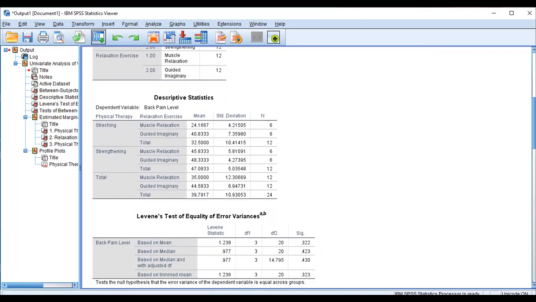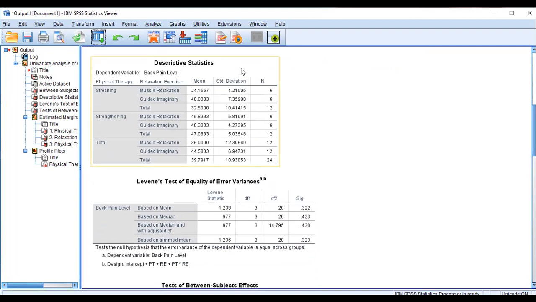Now coming to the descriptive stats, which we are having here. Looking at physical therapy stretching and relaxation exercise, people who went for stretching and muscle relaxation, we had 6 of them, with a mean of 24 something and standard deviation of 4.2 something.